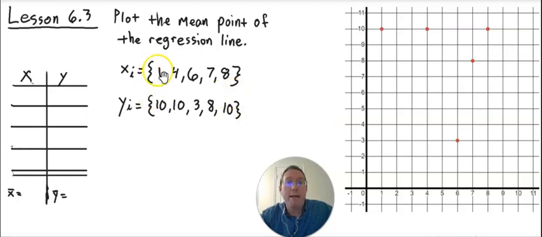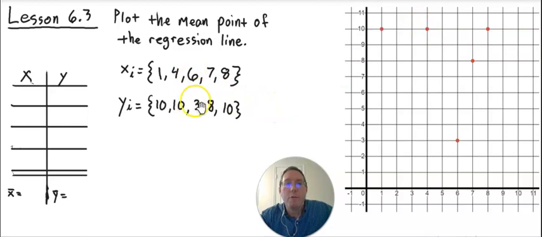So for example, we take the first term from the x, 1, and the first term from y, 10, and we plot the point (1, 10). We go to 1 and then up to 10, and sure enough, there's a point right there. Then we plot the point (4, 10), right here.